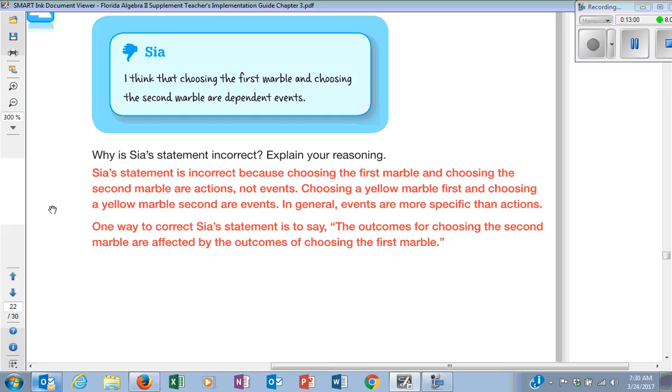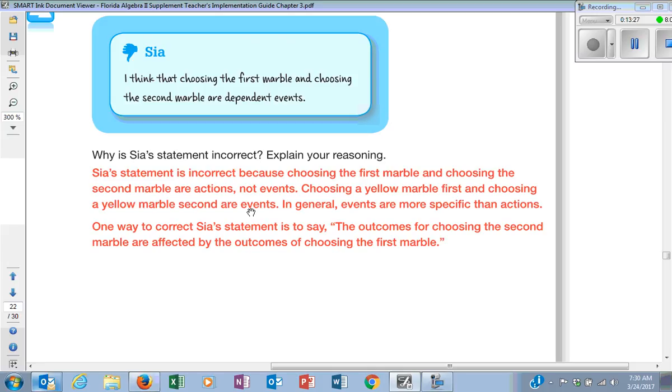They're saying that her statement is incorrect because choosing the first marble and choosing the second marble are actions, not events. Choosing a marble first and choosing a marble second are events. In general, events are more specific than actions.